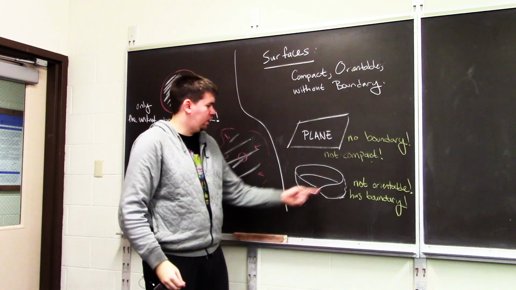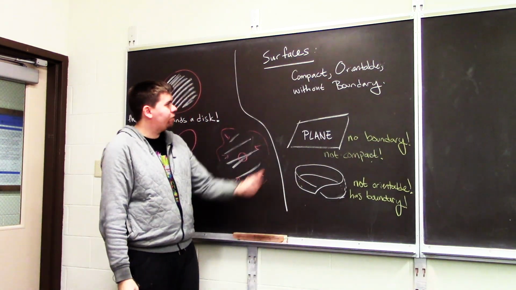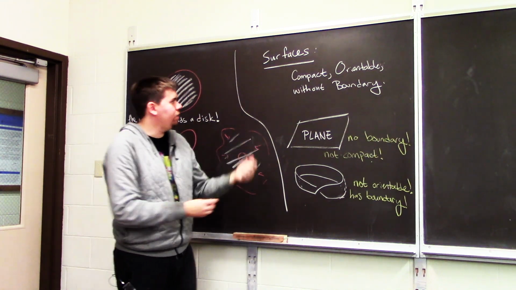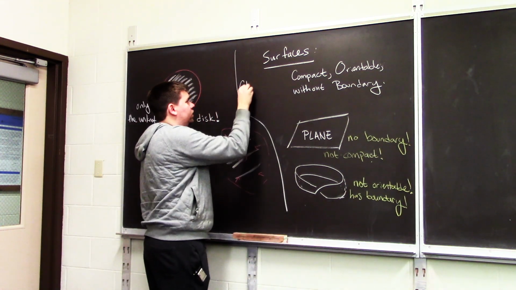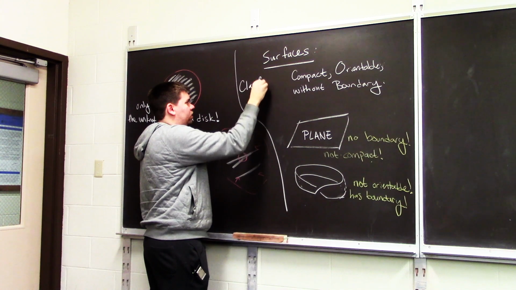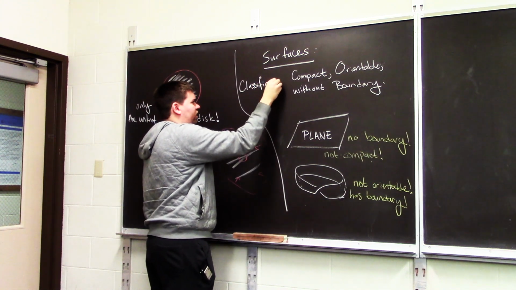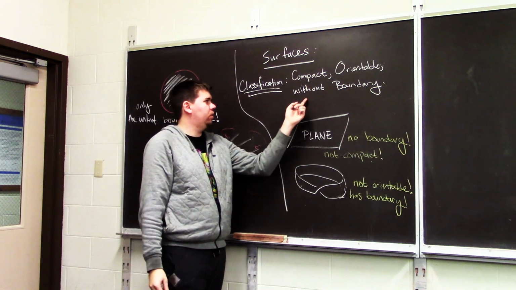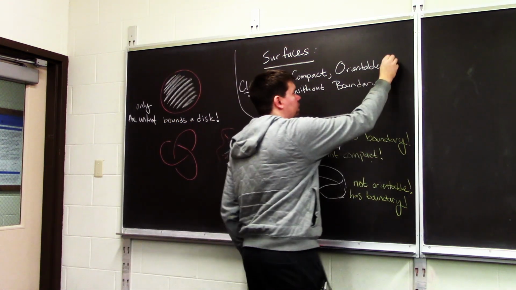And so we just want something that has no edge to it. Okay, if we limit ourselves to these surfaces, then we have a really nice classification theorem. And so we can classify compact, orientable surfaces without boundary.